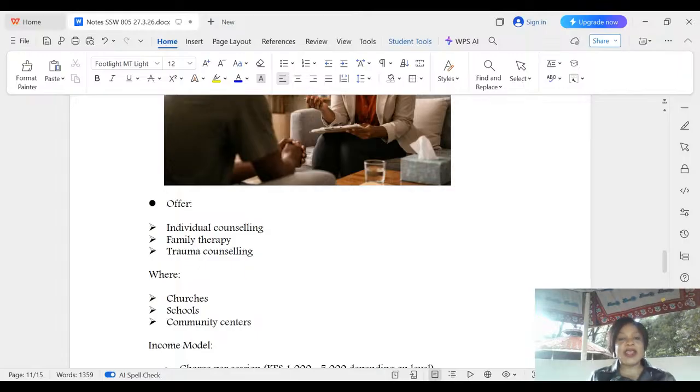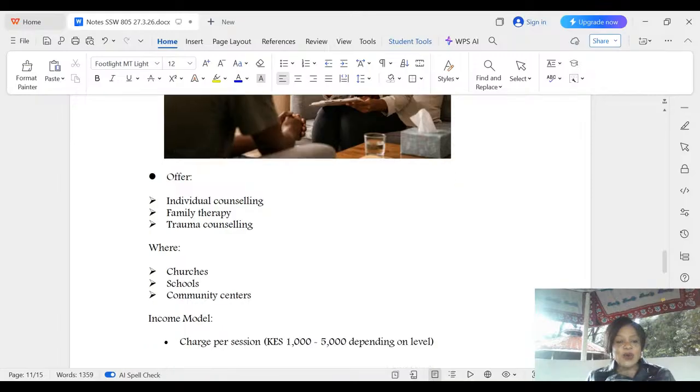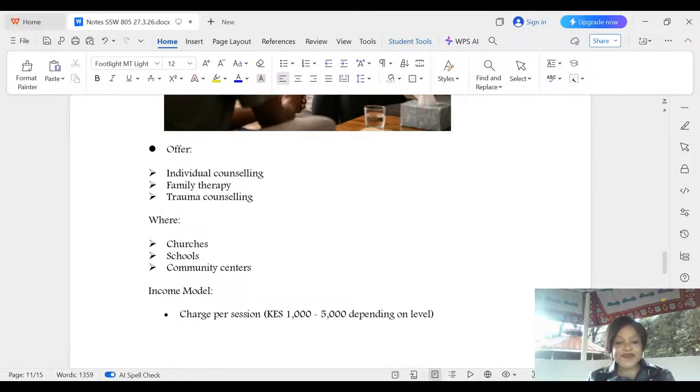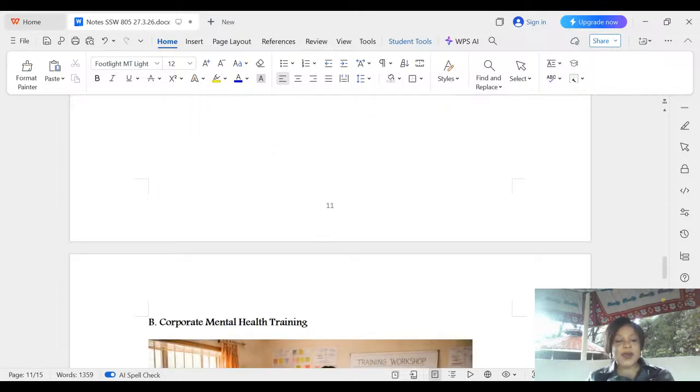So you can be like an outhouse consultant. Now for this you can charge per session depending on the client, depending on the level of interaction. You can charge, say, between 1,000 to 5,000 Kenya shillings per session, and still make it in that area.